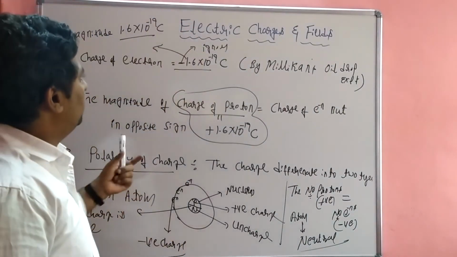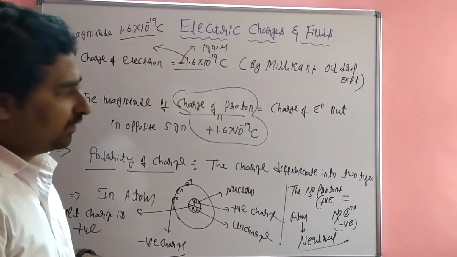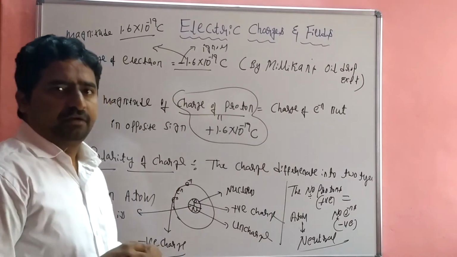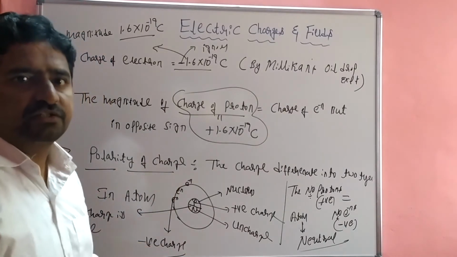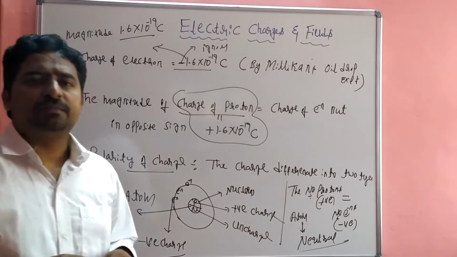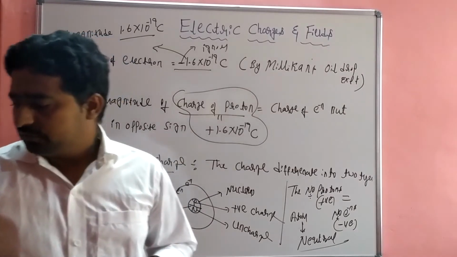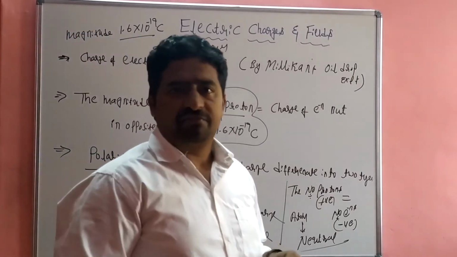Okay, so this is electric charge, basic things. Charge is bifurcated into two types. Who is the scientist? The scientist is Benjamin Franklin.